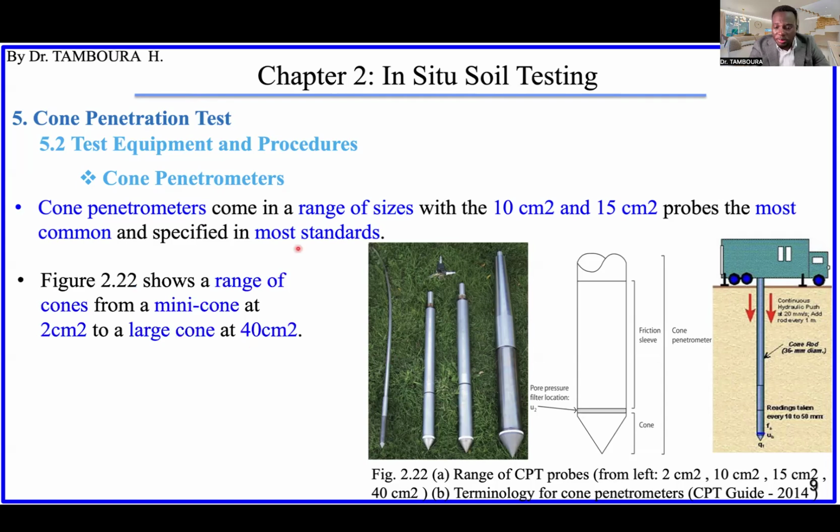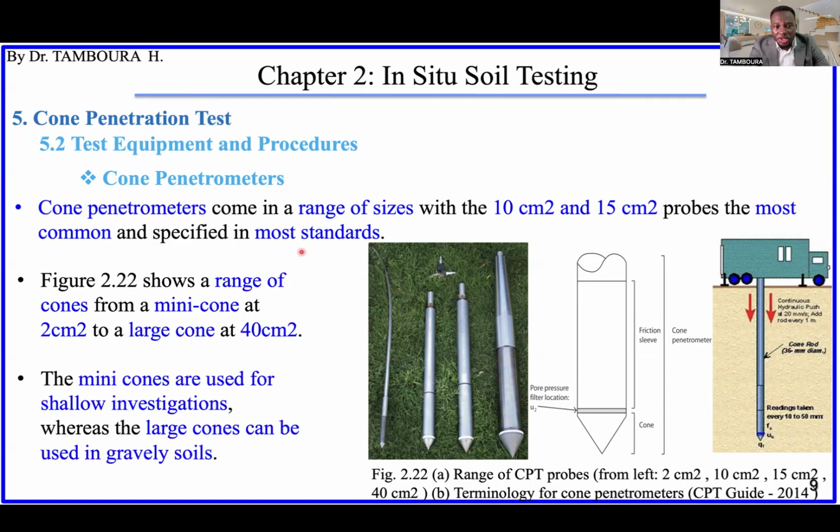So I already explained this. This mini cone is used for shallow depths, shallow investigation. But the large ones are used in gravel, because when the soil is hard, as you may guess, the penetration also will be difficult.